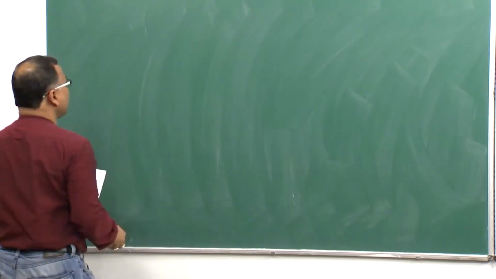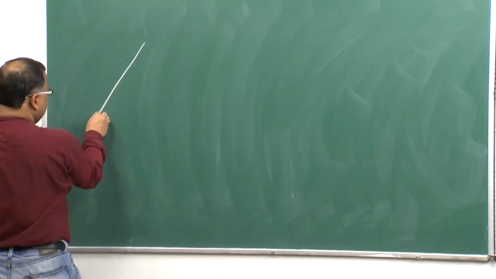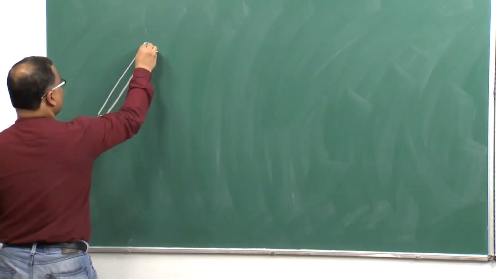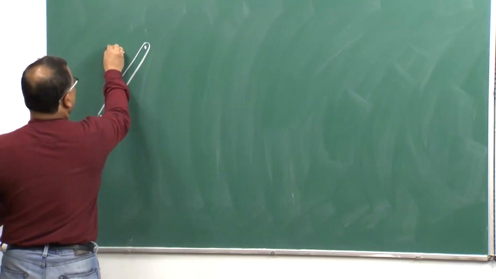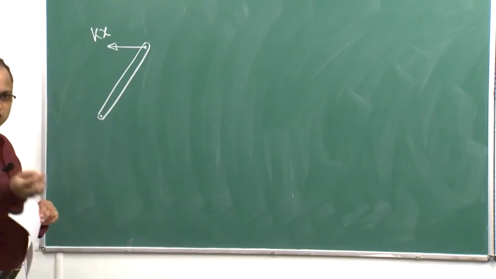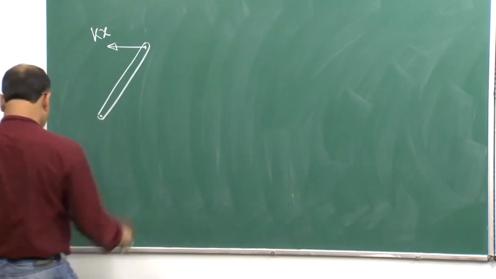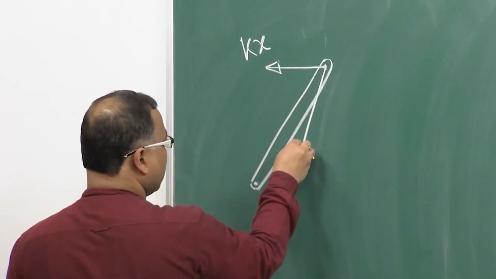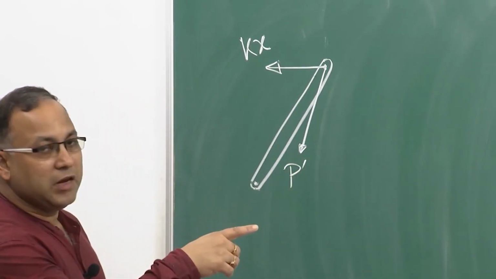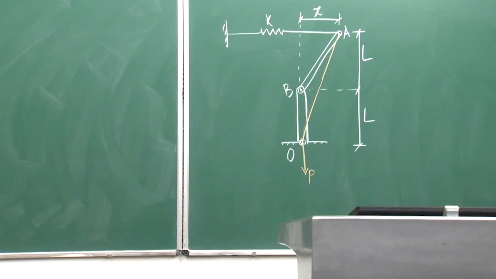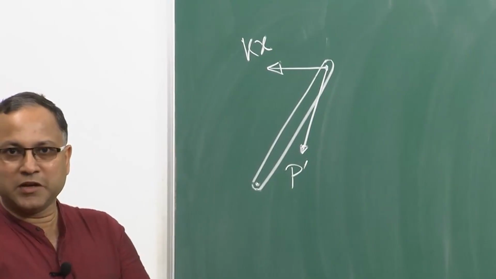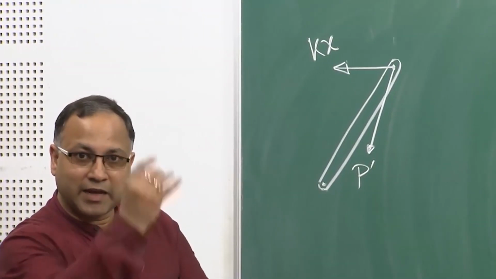So, if you draw the free body diagram of your strut AB, the spring will be giving some force Kx, trying to pull it back, and this is the load, say P prime, because the load P and the load through the rope will not be the same, because you have the inclined rope which is passing through the guide and the load is vertical.